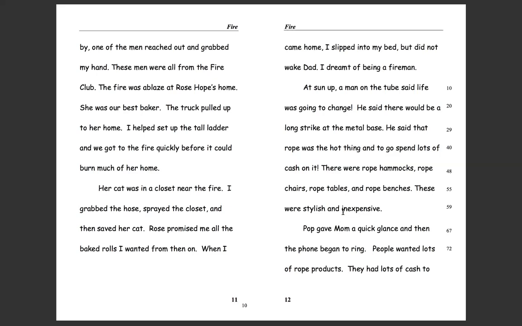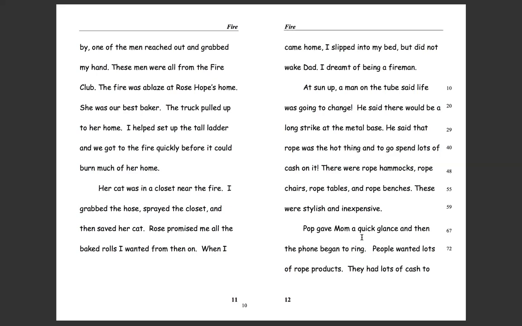Because you see how there's the prefix that we learned? In means not. So if you know in and you know expensive, then you know not expensive. Good job. So what happened? What did they realize? So they realized rope was back in style. Yeah, in the beginning it wasn't, right? Okay, see what happens.